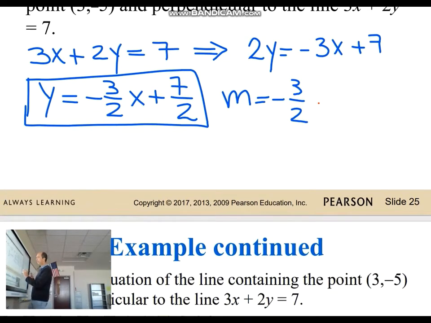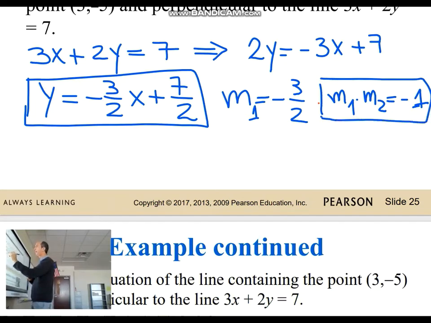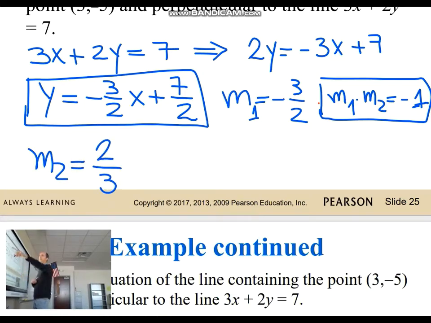If the lines are perpendicular, you're going to multiply. Let's say this is m1, and we want to find m2. m1 times m2 equals negative 1. If you substitute the value of m1, negative 3 over 2, you're going to find m2 equals 2 over 3, so the product equals negative 1.